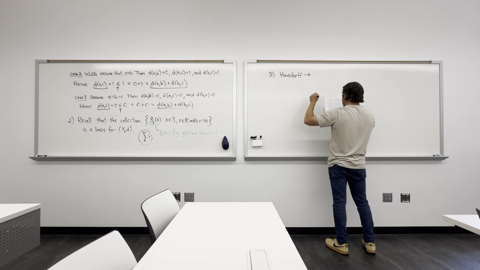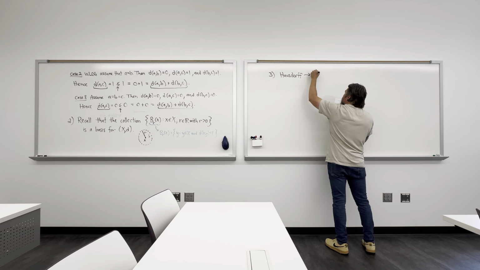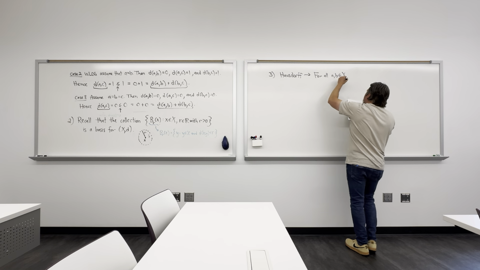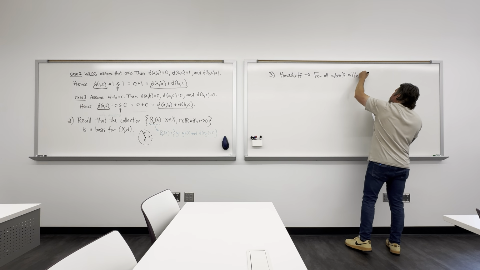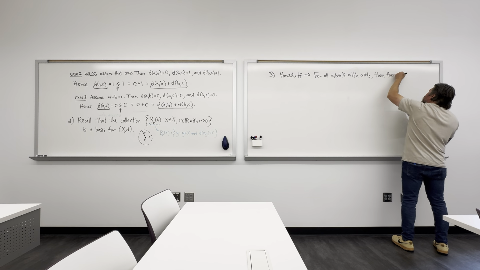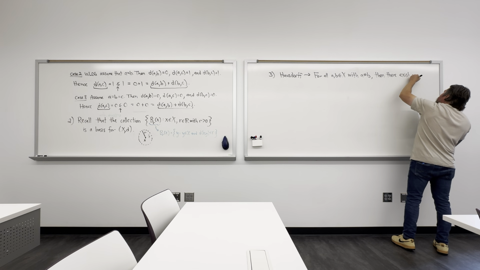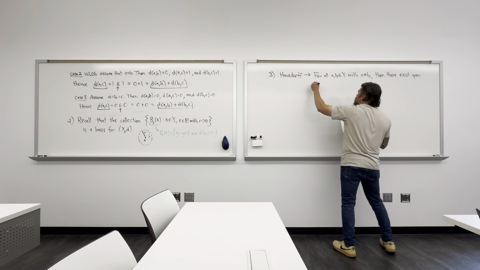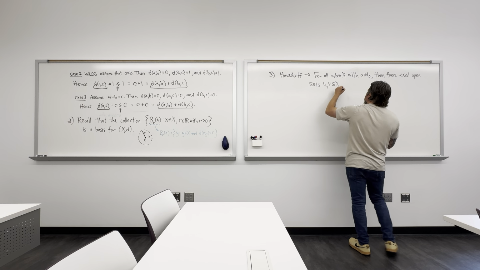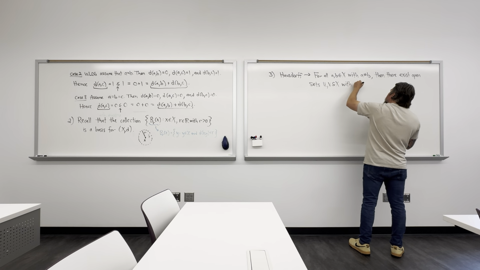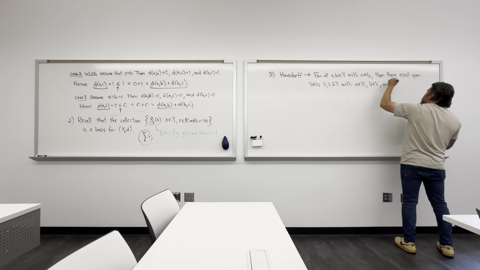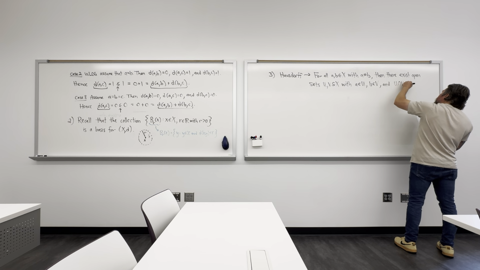Okay, so a space is a Hausdorff space if for all A, B in X with A not equal to B, then there exist open sets U and V in X with A in U, B in V, and they're disjoint. So U intersect V is empty.